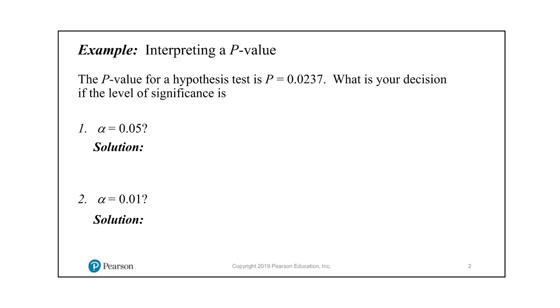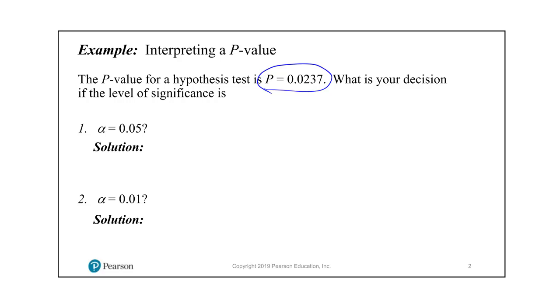So let's take a look. Let's imagine we had some p-values, and then we'll make our decision. Then we'll backtrack and find the p-values more generally. So let's say you have a p-value of 0.0237, and you've been given that your level of significance is alpha equals 0.05. What would your decision be?